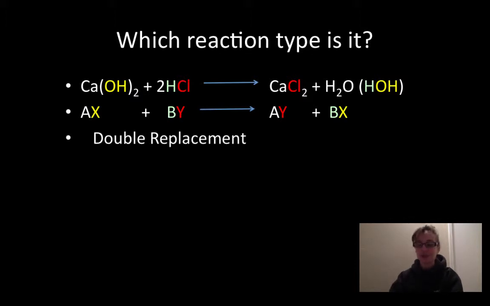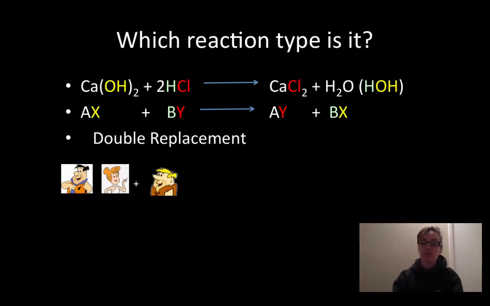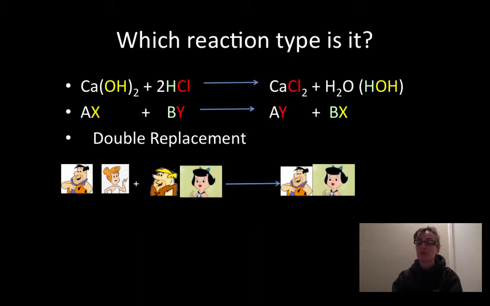When I was in high school, my chemistry teacher used to call this the Fred-Wilma Barney-Betty reaction. So at the end of the reaction, Fred is now paired with Betty, and Barney is paired with Wilma. And that's what we see here in the reaction.